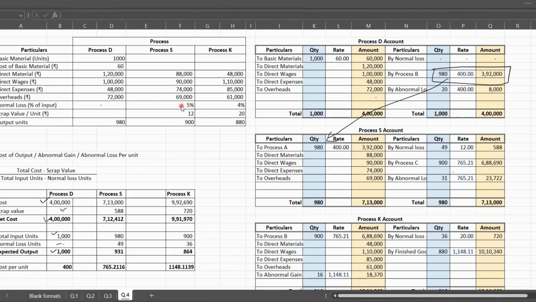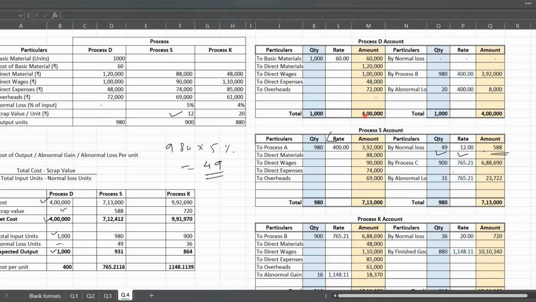Then here normal loss is 5%. Normal loss 5% of input. Our input is 980 and on 980 we need to calculate 5%. So you can confirm normal loss comes to 980 into 5%. So it comes to 49 units, and for 49 units scrap value mentioned here is 12.